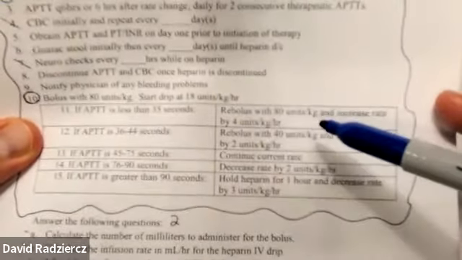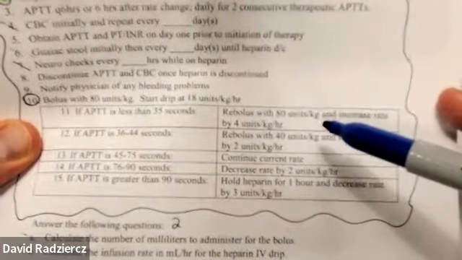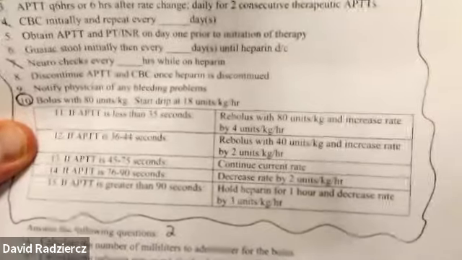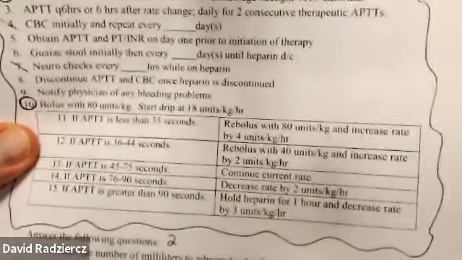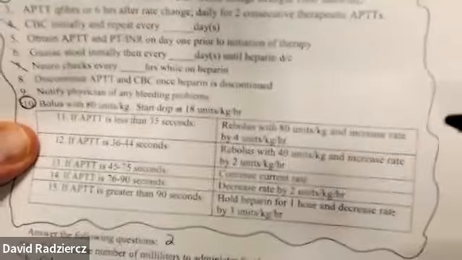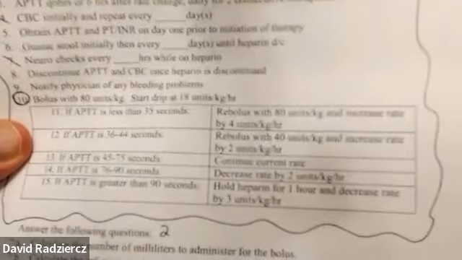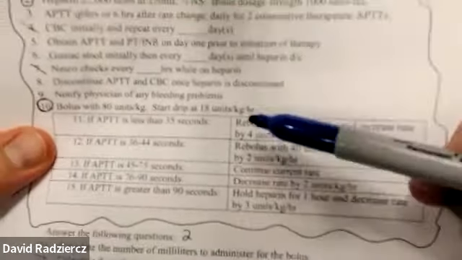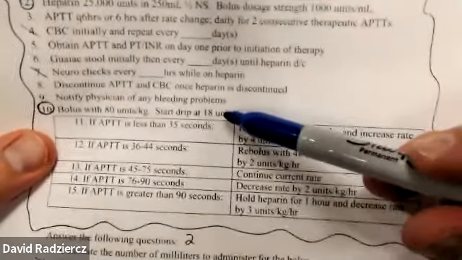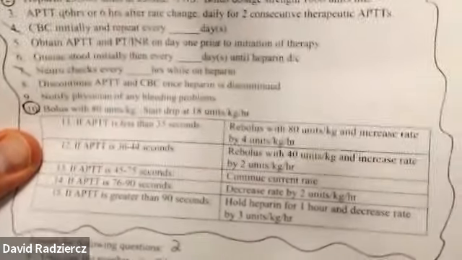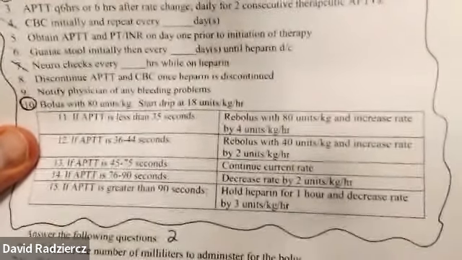We're going to re-bolus with 80 units per kilogram, and then we're going to increase the rate by 4 units. We are already on an infusion. We don't know what the current milliliters per hour are because we didn't do that calculation, but we can still figure it out because we can take 18, increase it by 4, and then calculate the new milliliters per hour.